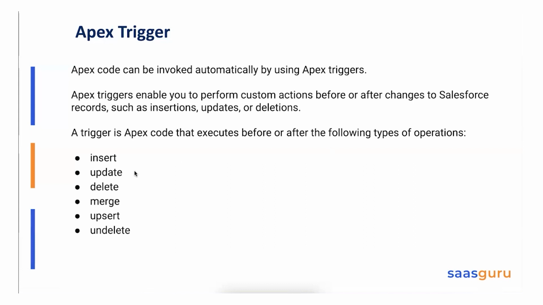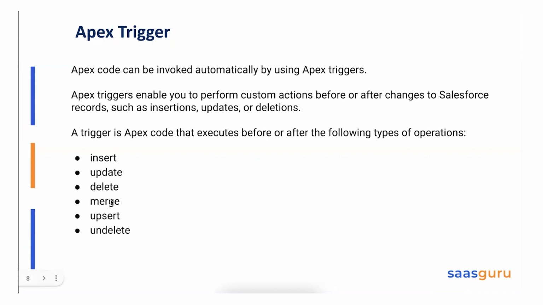And we have these events: insert, update, delete, merge, upsert, and undelete. These 6 I can say, but if you look at the details, either merge or upsert is going to help you. Upsert means either a record is going to be created or a record is going to be updated, so upsert will work for the insert as well as update.